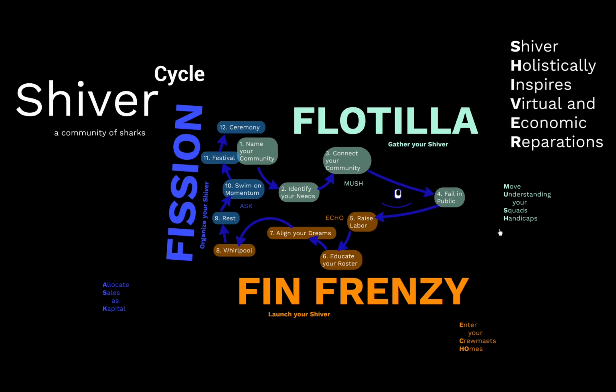Next, you're going to align your dreams. So this is the part that actually leads to reparations. Instead of trying to meet just one person's dream and trying to make their dream come true, you're going to look at each other's dreams and see how to line them up so that what you're doing is going to benefit everyone.